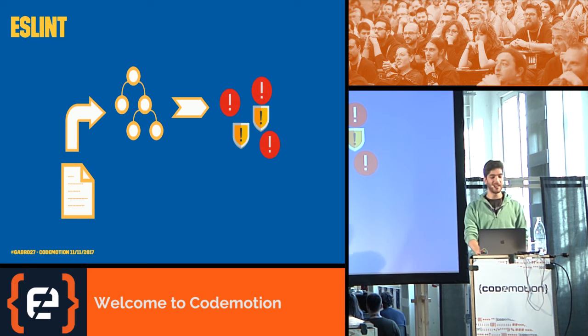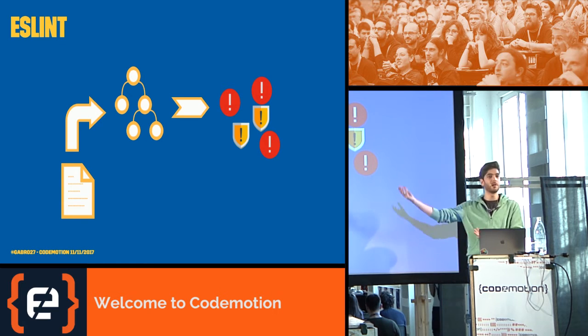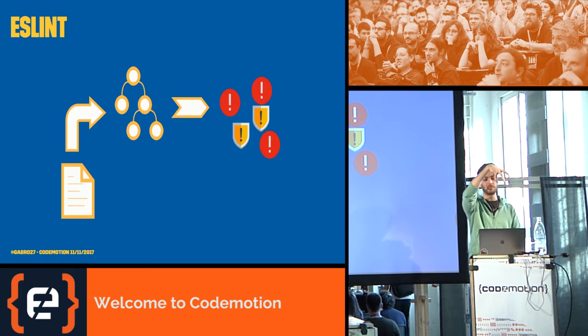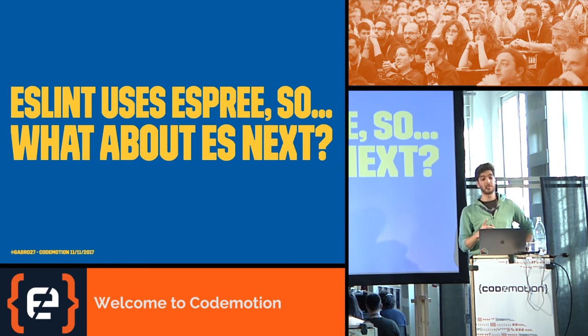ESLint is essentially a very similar workflow, except that it doesn't produce anything other than warnings and errors, right? You take a tree, you just look at it, and you decide that that's a warning or something like that. And you can write custom plugins for this. ESLint uses Espree as a parser. So what if you want to lint a super custom feature that is in stage 2?